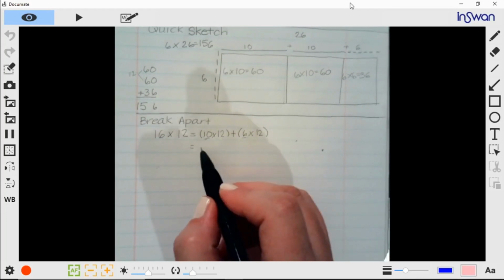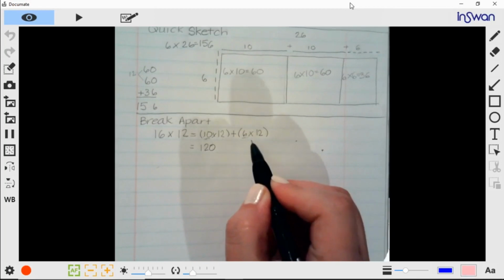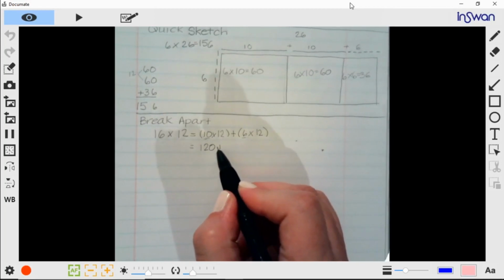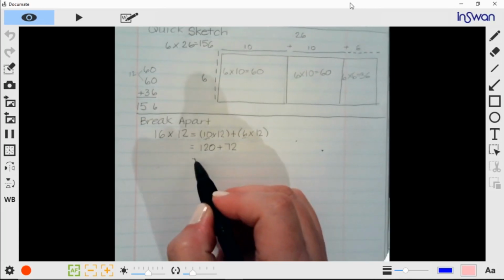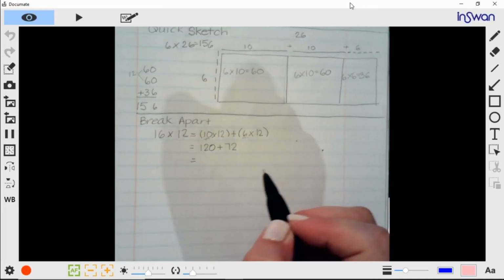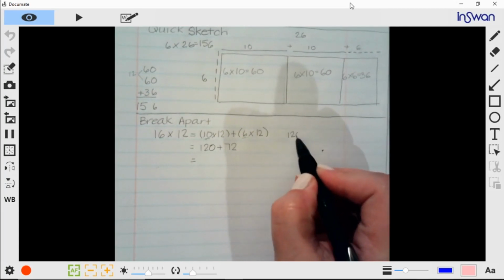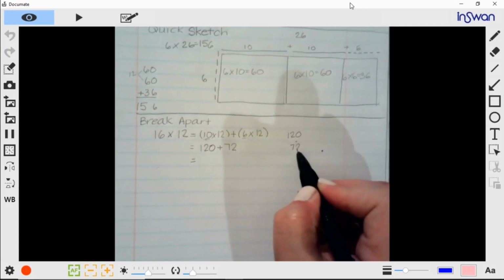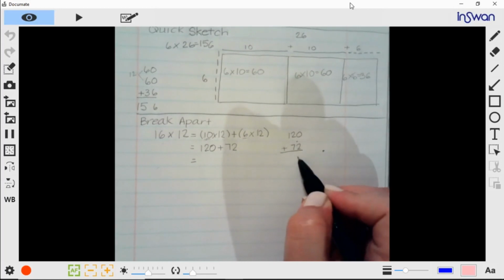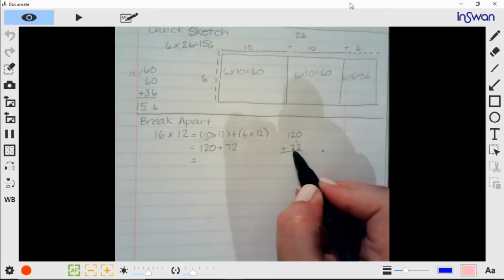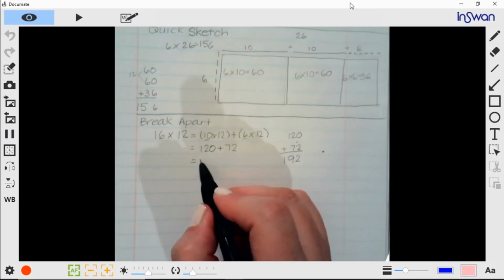10 times 12, we've already done that, is 120. 6 times 12, we've done this also, is 72. So one is 120 plus 72. Let's write it down. 120 over 72, and just check. 0 plus 2 is 2. 2 plus 7 is 9. 192 is our answer.